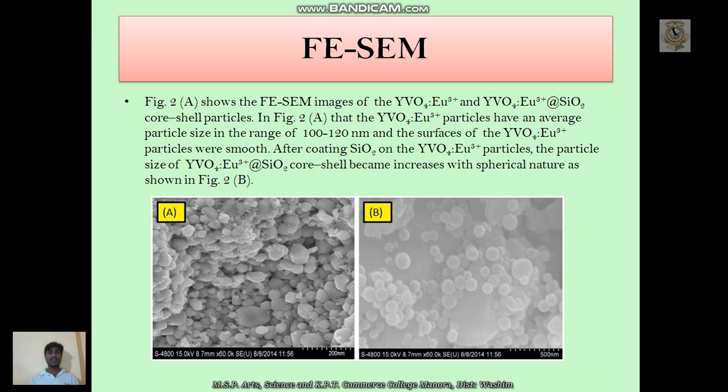This is the FESEM graph. Graph A shows our YVO4:Eu3+, and graph B shows the spherical particles. After coating SiO2 on the YVO4:Eu3+ particles, the particle size of the YVO4:Eu3+ at SiO2 core-shell increases with spherical nature, as shown in figure B.